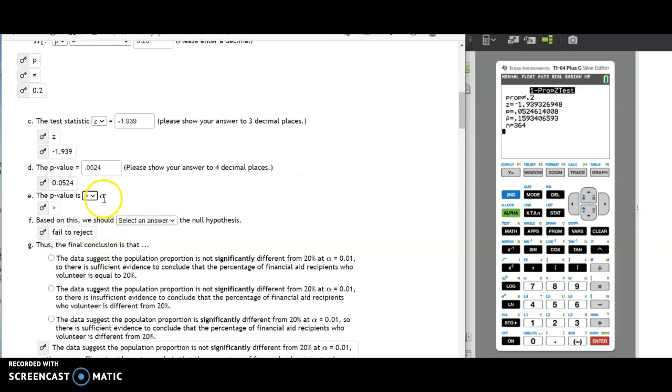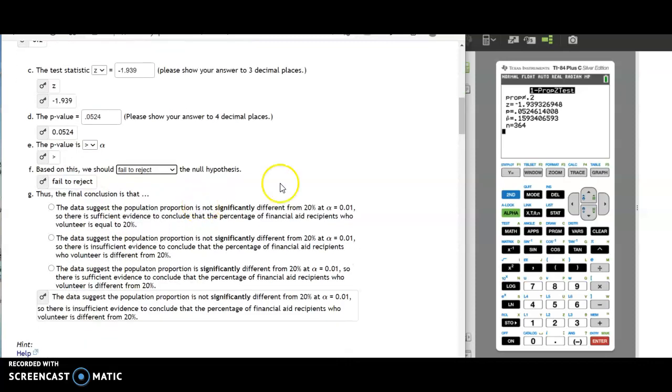And if we believe this whole situation, we fail to reject. There's no reason to be skeptical about it. So if our p-value is large, we fail to reject. If our p-value is less than, then we reject. So I always just keep in mind, small means reject, which we do not do in this case because our p-value is large.